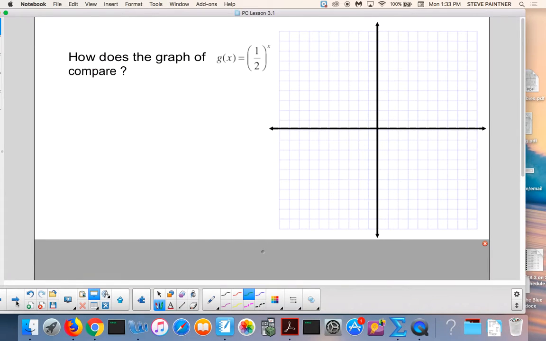All right, do that one. Graph another one. This one is like the other one I had you graph. It's just that it's not 2 to the x, it's what? It's the reciprocal base.